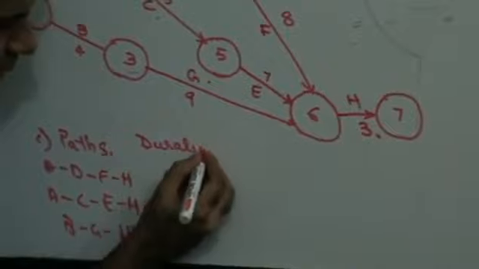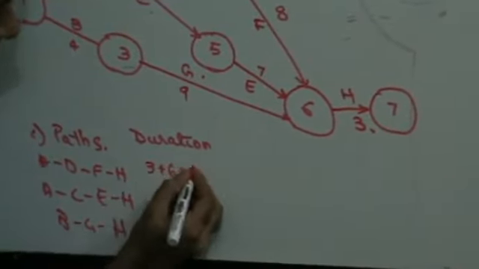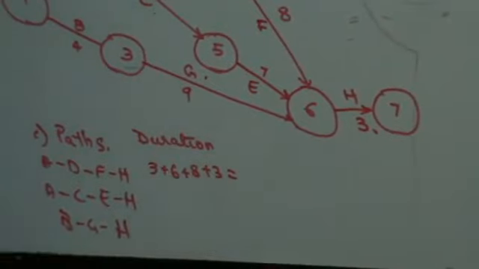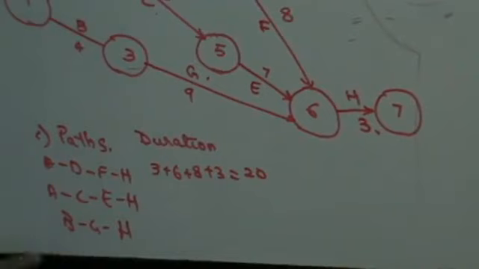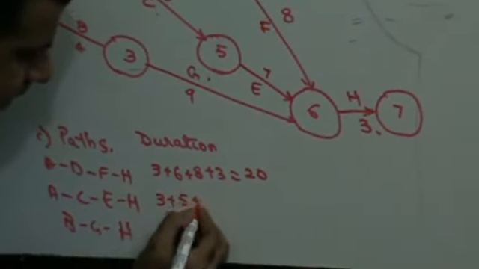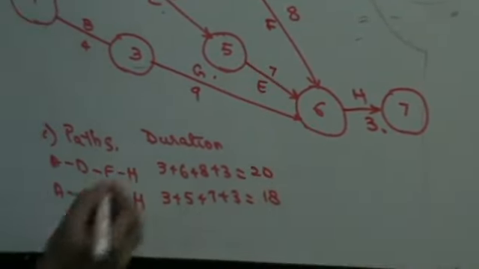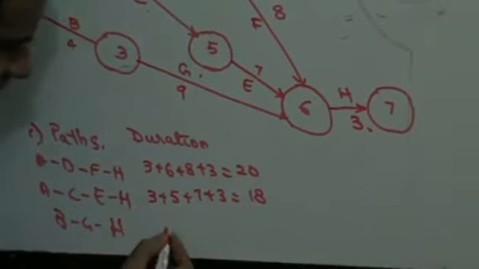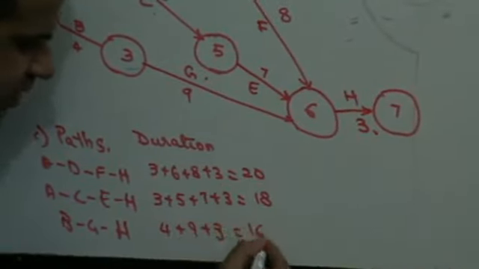Duration: 3 plus 6 plus 8 plus 3. This is 12, 12 and 8, 20 weeks. Next, 3 plus 5 plus 7 plus 3: 10, 15, 18 weeks. Then 4 plus 9 plus 3: 12 and 4, 16 weeks.